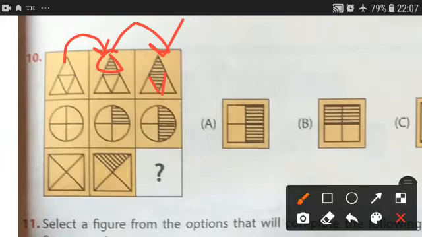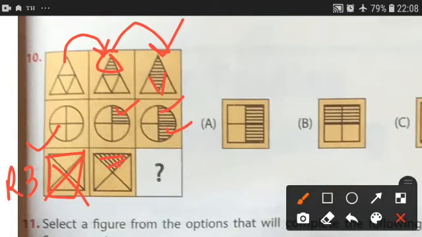Okay, in the same way, this circle is divided into 4 equal parts. One part is shaded, then 2 parts are shaded. This is in the third row. Okay, this is row 3. This top part is shaded, divided in 4 equal parts.